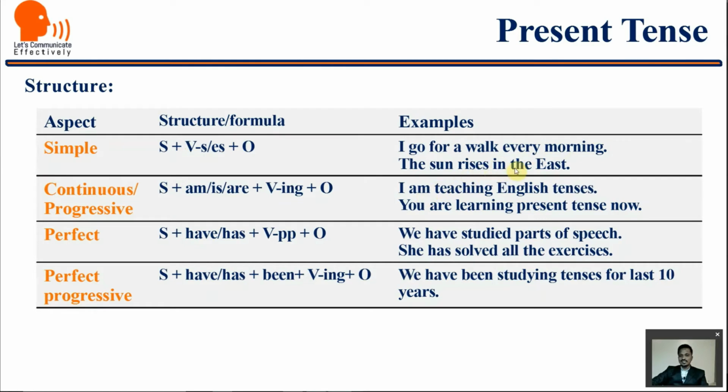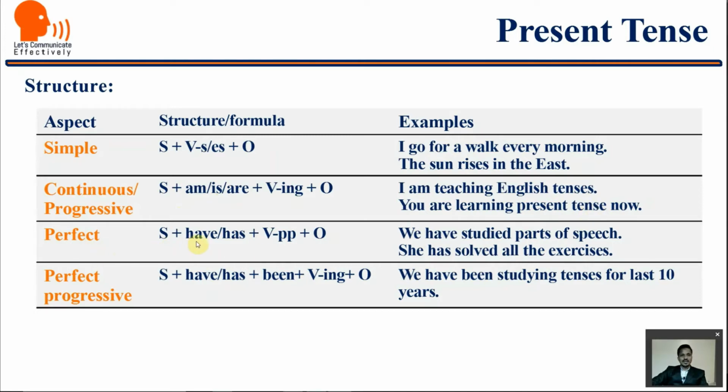The sun rises in the east. Continuous or progressive: subject plus am/is/are plus verb with ing, that is the ing form of the verb, and object. And I hope you know I am, we are, you are, he, she, it is, they are. I am teaching English tenses. You are learning present tense now.